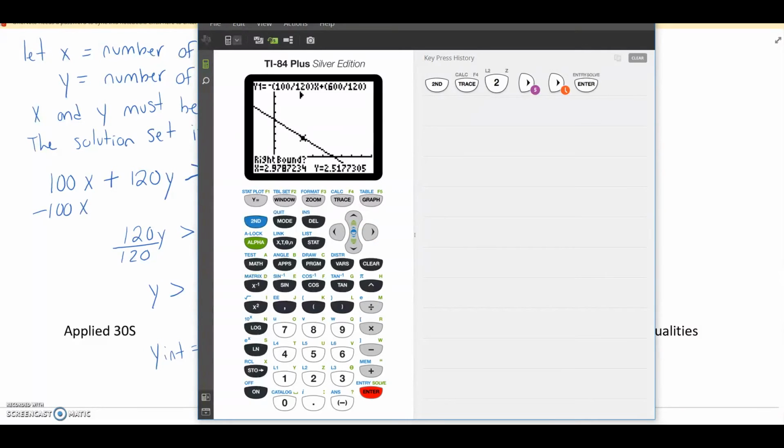Left bound. I'm trying to hold it down, it wasn't working, so I guess I have to click all the way. Right bound. Guess, and that gives me 6.